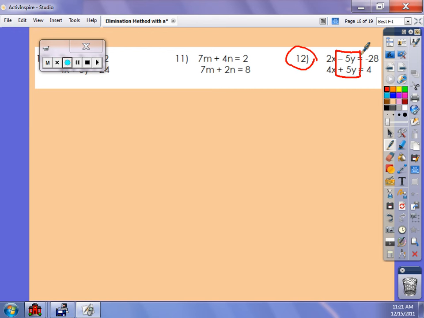Okay, in this case, you notice that the 5's are the same, but they have opposite signs, right? If I take any two numbers, if I take 10 and negative 10, well, if I add them, they cancel. If I subtract them, I end up with 20. Again, using your calculator will help you support this if you need a little support with your integer work. But in this case, if I have opposites, so one's a plus and one's a minus, this is going to be the case where I'm going to add.